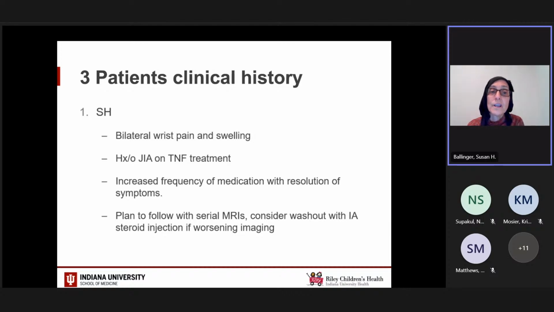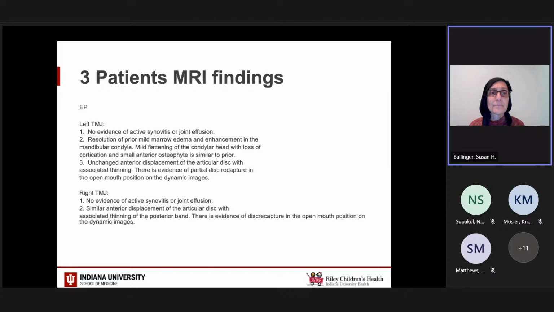So we increased the frequency of her TNF inhibitor, and she had complete resolution of all her symptoms. Our plan is to follow her with serial MRIs and to consider a washout if she has worsening on her imaging, even if she doesn't have worsening in terms of her symptomatology, just because we want to minimize destruction of her joint.